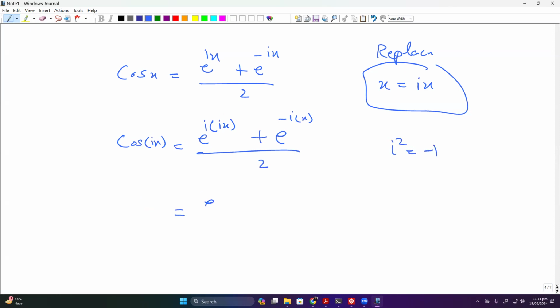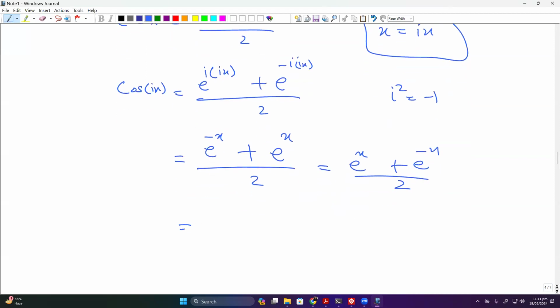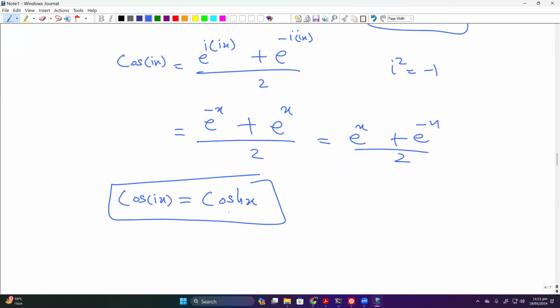So this is going to give me e^(−x), and this is also an iota here. This will give me minus, and minus will be plus. So this is plus, divided by 2, and this is actually e^(−x) plus e^(x) divided by 2. And see what we got? Cosh x. So cos ix is equal to cosh x.